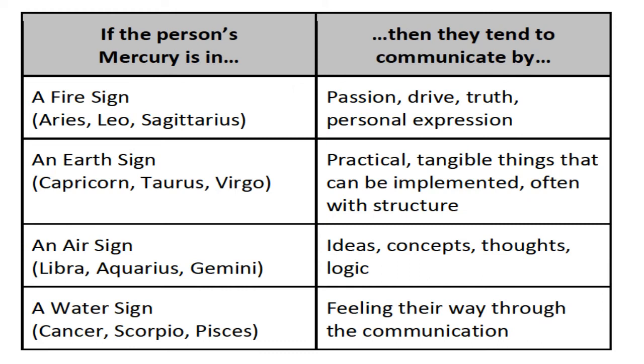So each of these Mercuries can get more specific. Aries, Leo, and Sag, even though they're all fire signs, there's a slightly different flavor to how each of them communicate and what each of them need. Same thing for Capricorn, Taurus, and Virgo as earth signs, Libra, Aquarius, and Gemini as air signs, and Cancer, Scorpio, and Pisces as water signs. And so the more precise you can get it, even better.